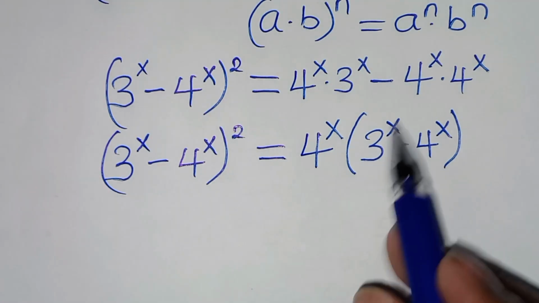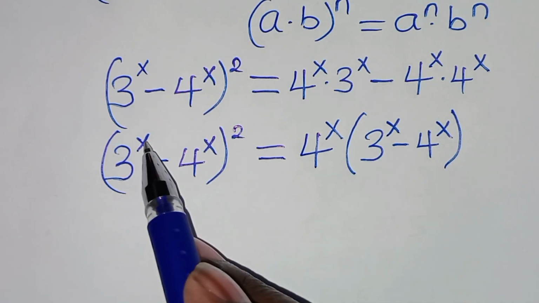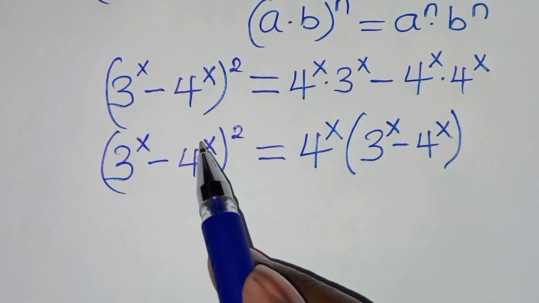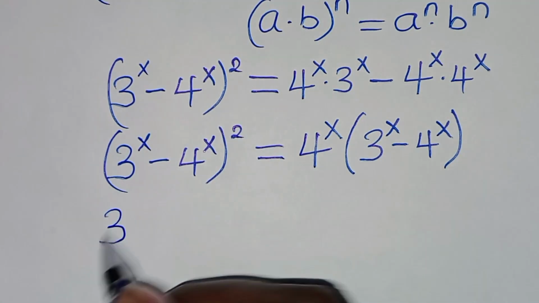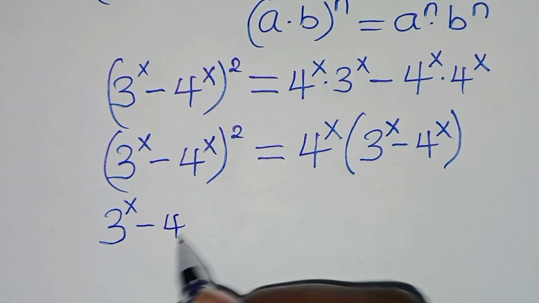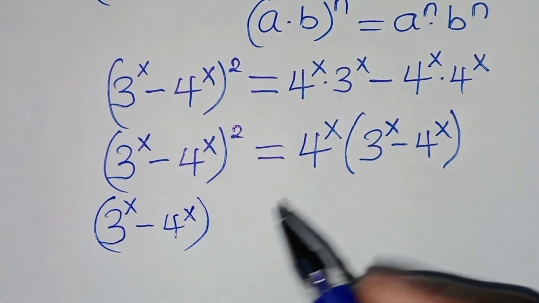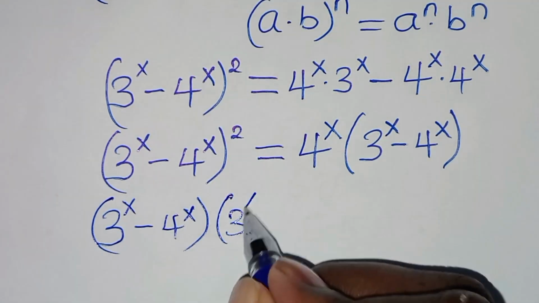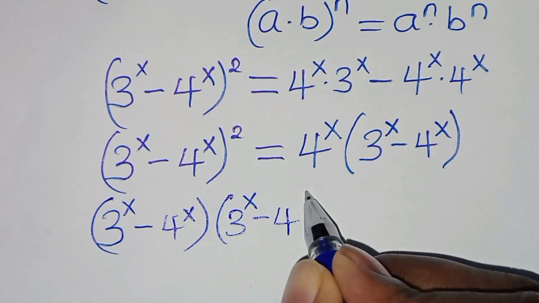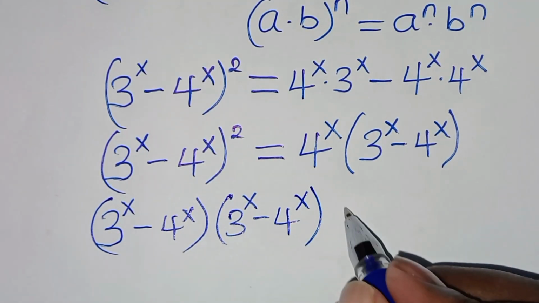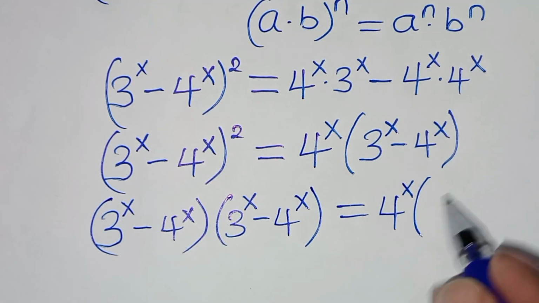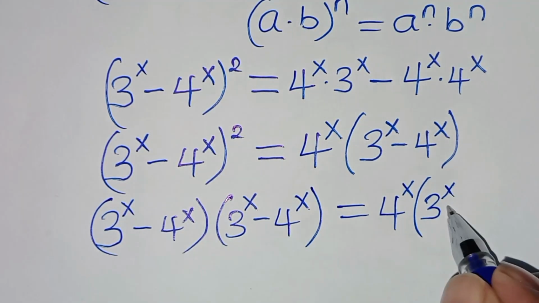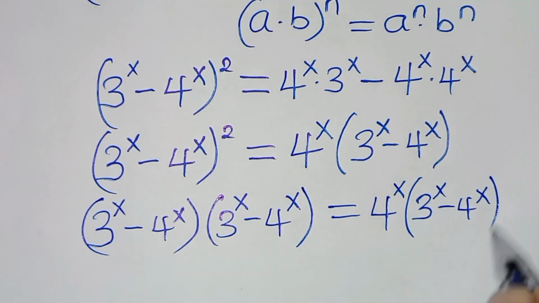Now, the next step from here: (3 to power x minus 4 to power x) squared is the same thing as (3 to power x minus 4 to power x) multiplied by (3 to power x minus 4 to power x). This is equal to 4 to power x into the parentheses 3 to power x minus 4 to power x.